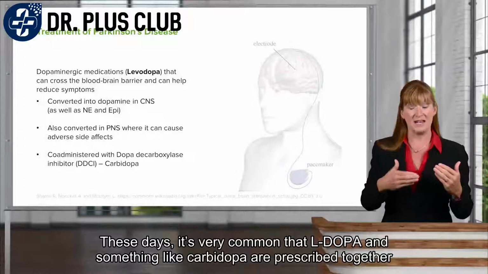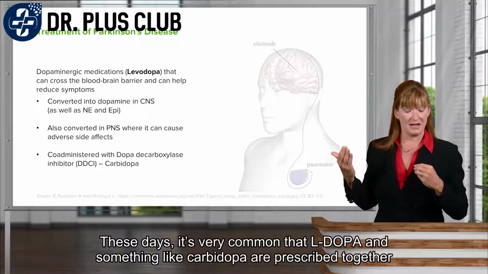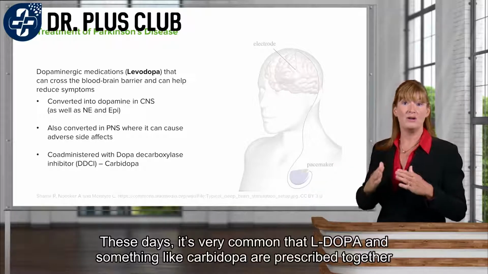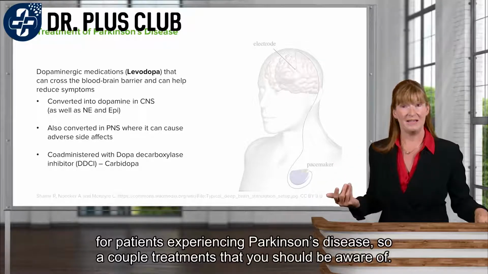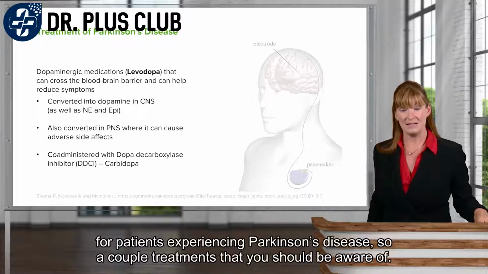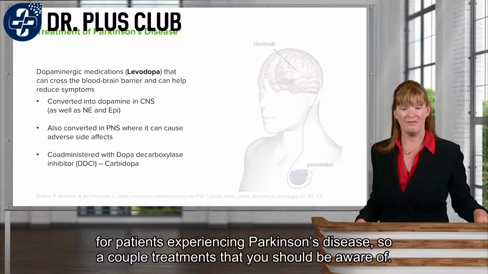So these days, it's very common that L-DOPA and something like carbidopa are prescribed together for patients experiencing Parkinson's disease. So a couple of treatments that you should be aware of.